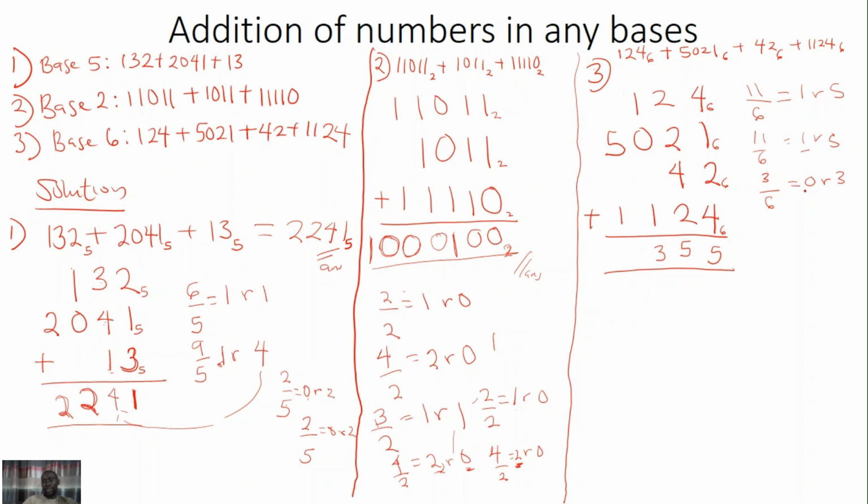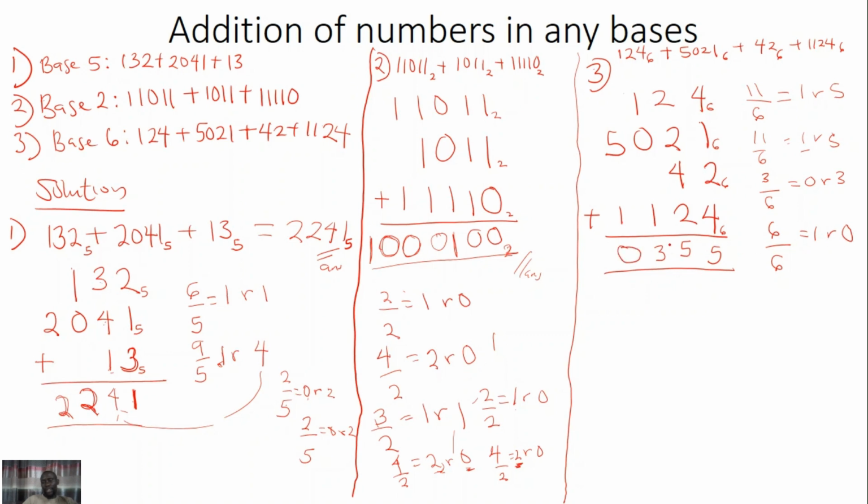While going to the next column, we carry the number of times that 6 goes into 3, which is 0, and 0 plus 5 is 5, right? Plus 1, that is 6. So instead of writing 6 down here, we divide the 6 by the number base, which is 6, and that gives us 1, remainder 0. So what we're going to write down here is 0.